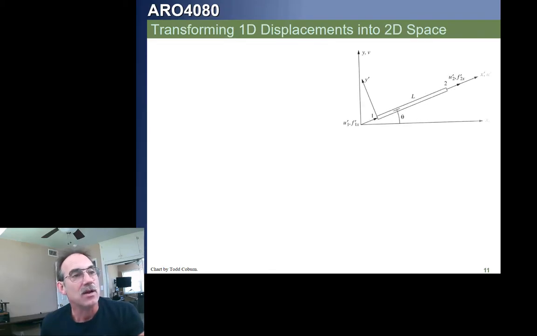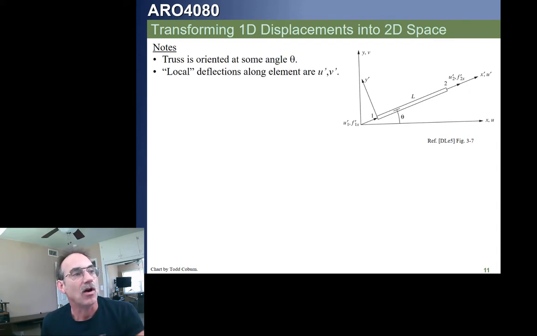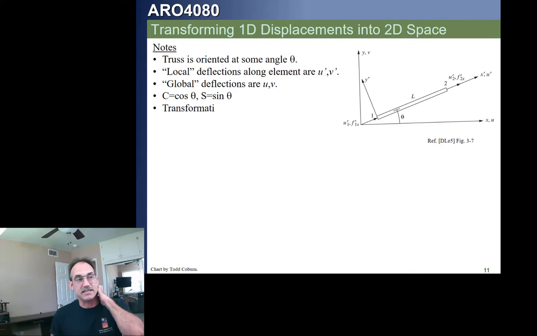So with that said, we now have a transformation for these. Our truss is located at some angle. Our local deflections are u prime and v prime. Our global deflections are u and v. We're going to call C the cosine of the angle of that rod, and S the sine of it.